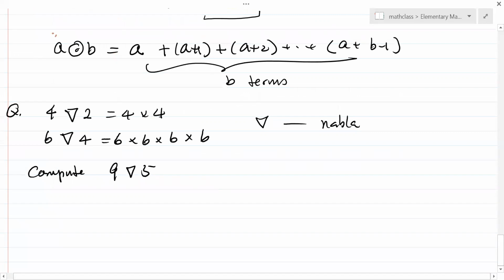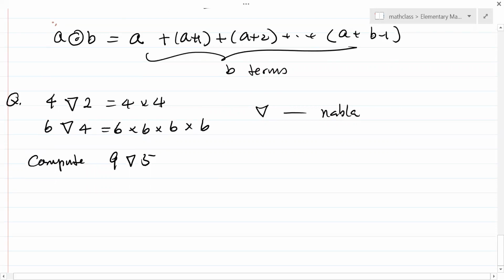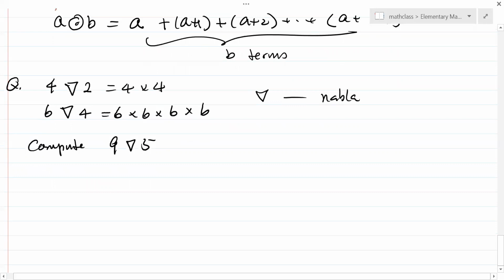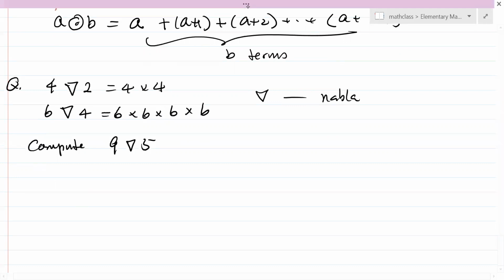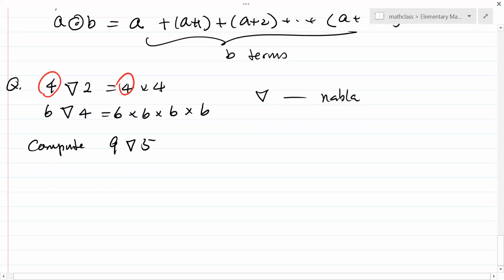I'm glad that everybody got it. Yeah. So the first number represents the factor.